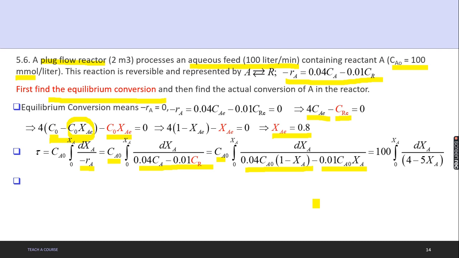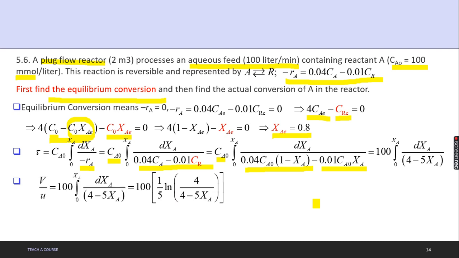And I hope this integration is not a difficult one, we can do it. So tau equal to V by U. U is the flow rate, right? V is the volume. So 100 times the integral from 0 to xa of dxa over 4 minus 5xa, if you do the integration, it will become 1 by 5 ln of 4 by 4 minus 5xa. Now in this case we know what V is.